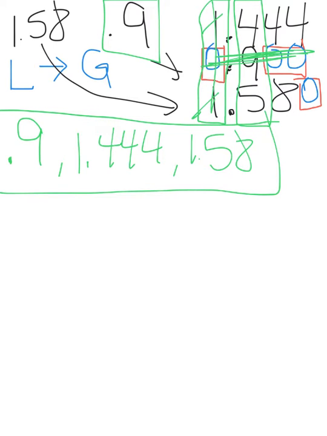Okay, one more example. Stick with me. We've got one more example here, and then we should be ready to go. Our last example is using a greater than, less than. So we're going to have only 2 numbers this time because that's the only way to do greater than and less than.